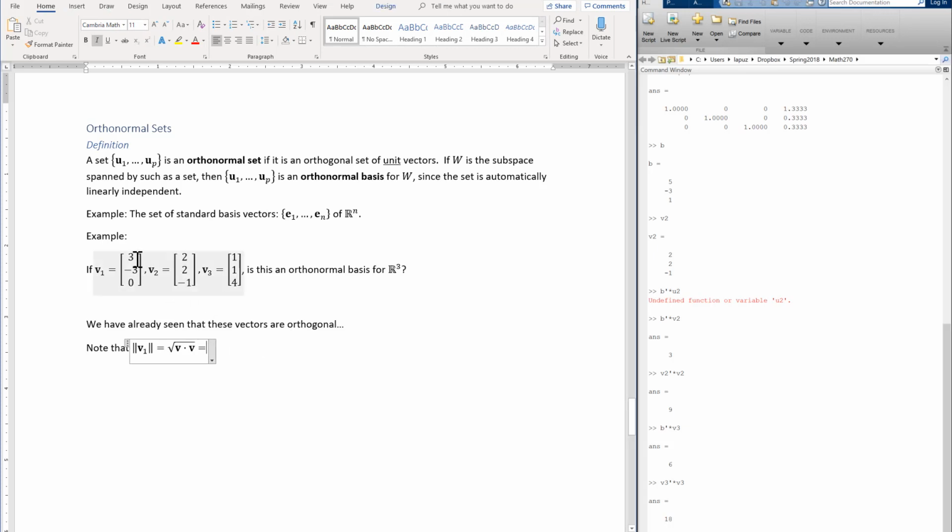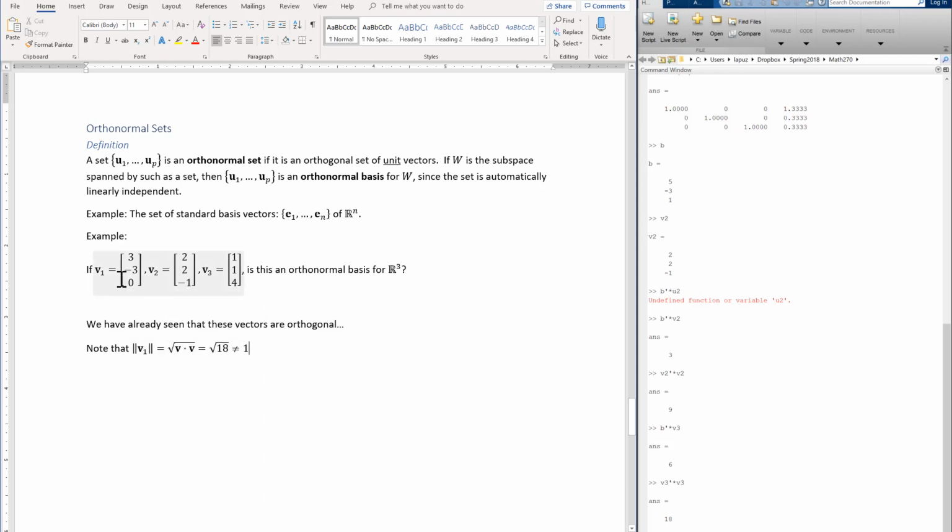We see that this is 9 plus 9 is 18, so that's a square root of 18, which is clearly not equal to 1. So it's not an orthonormal set.